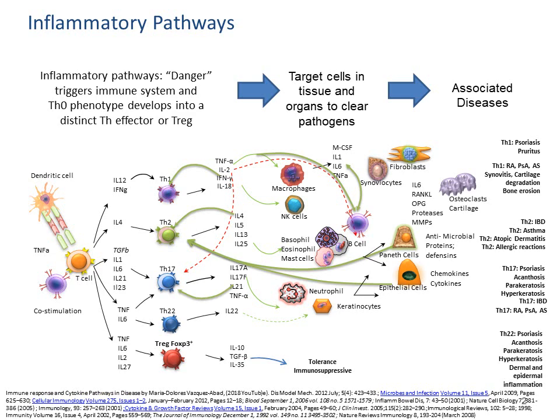Likewise, as with all the other pathways, Th17s will produce interleukin 21, which is one of the cytokines that drives differentiation from the pluripotent cell into a Th17 cell.